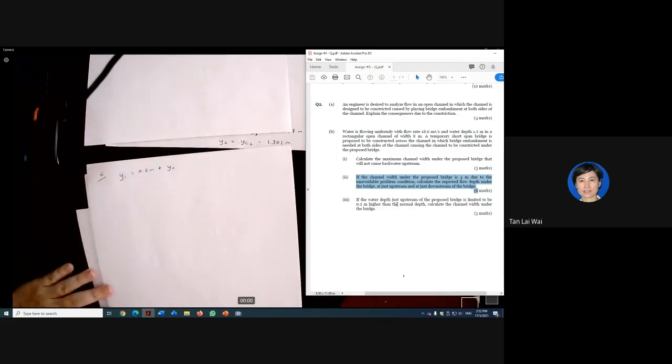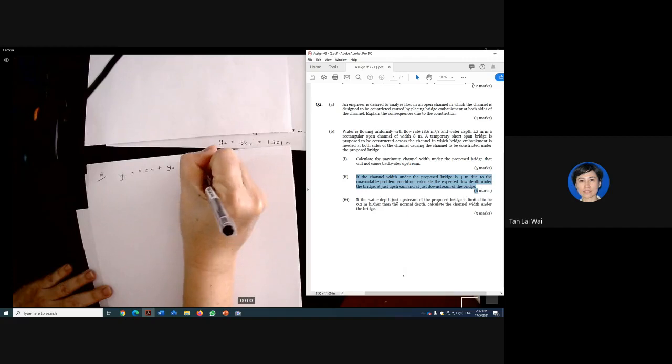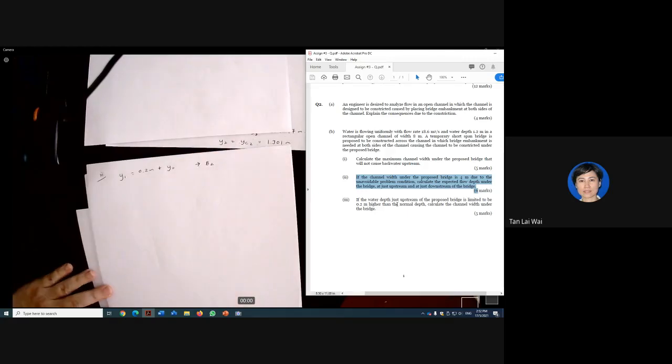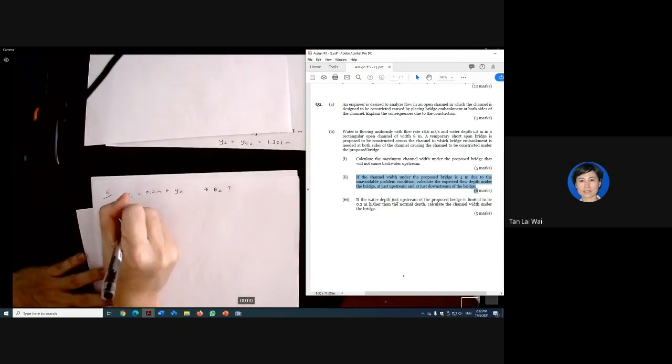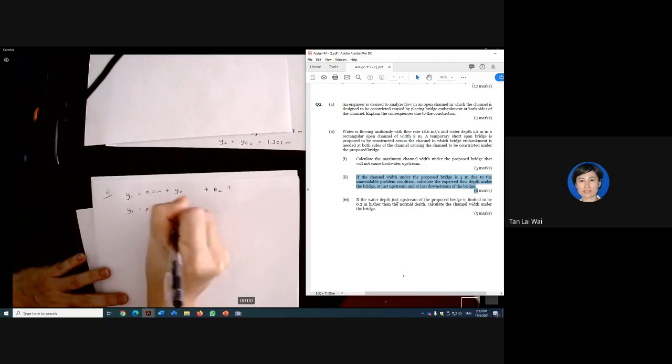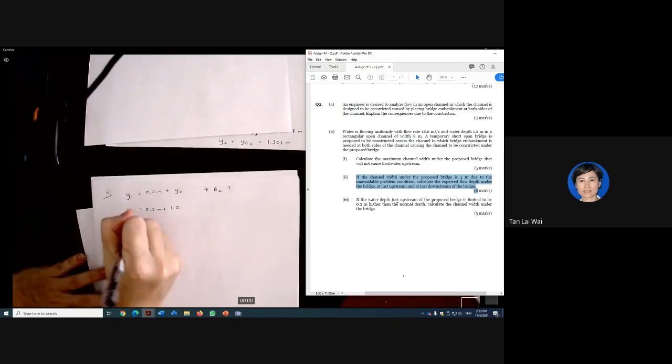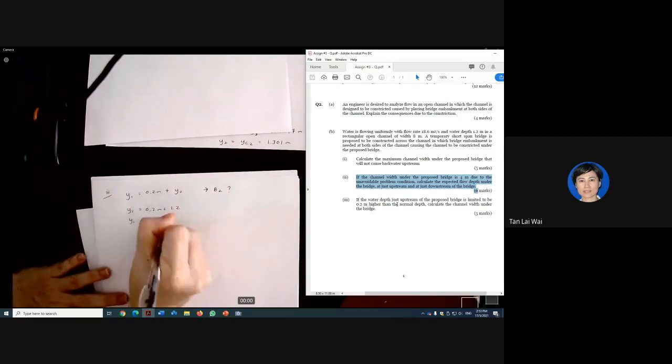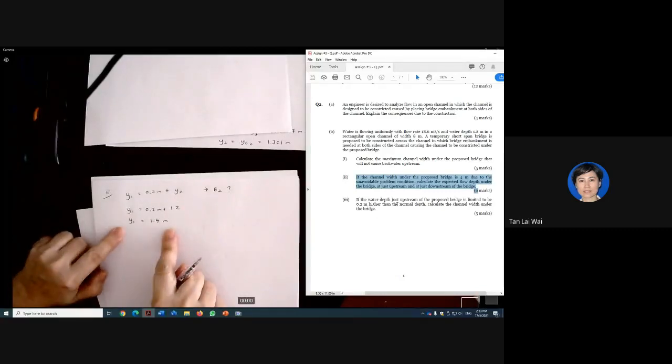That means 0.2 meter plus. Calculate the channel's width under the bridge. So what would be the B2? The question says, what is B2? Therefore, Y1 is fixed at plus 0.2. So you want Y1 to be 1.4 meter.